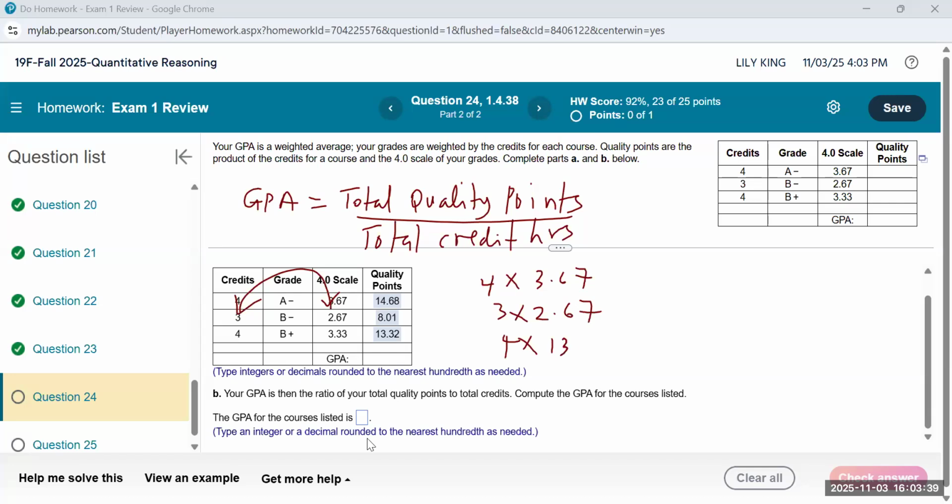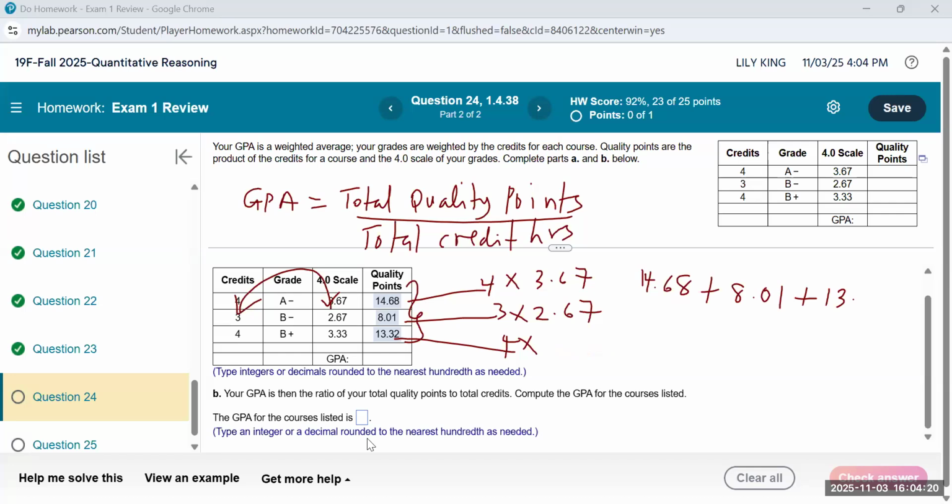Now that you have the quality points for each of the courses, we're going to add them up. We add up all these values under the quality points to get a total. So you have 14.68 plus 8.01 plus 13.32. The 13 point something was a typo.